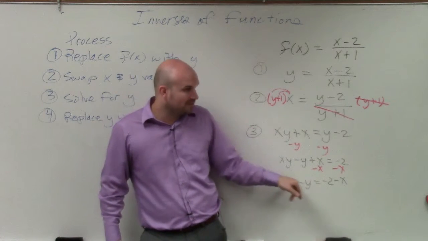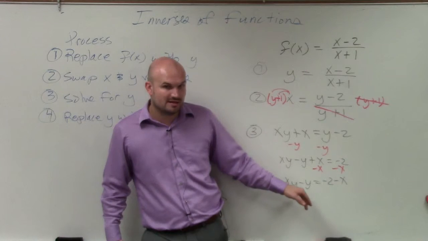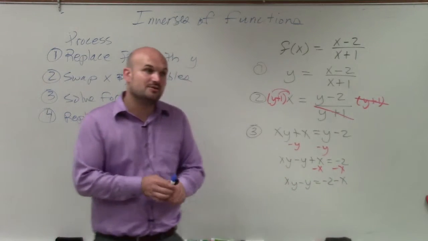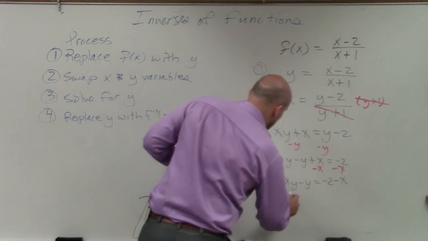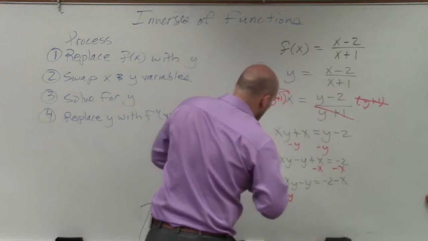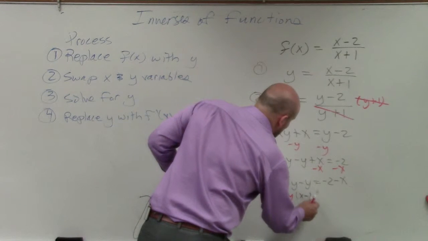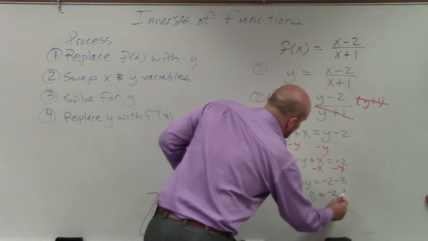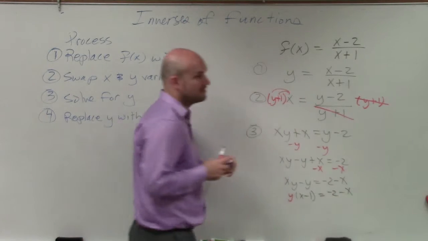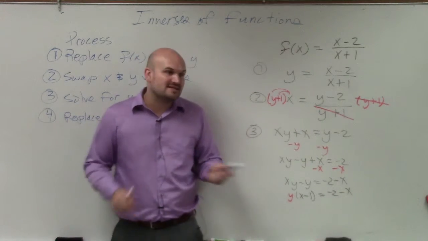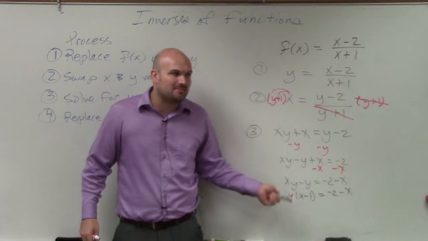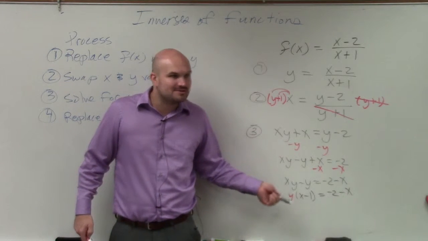You guys see that both of these terms share a y, correct? So what I can do is factor out a y. By factoring out a y, I'm left with y times x minus 1 equals negative 2 minus x. Now, do you guys see there's only one more operation that's being applied to the variable? And what is happening to the variable?